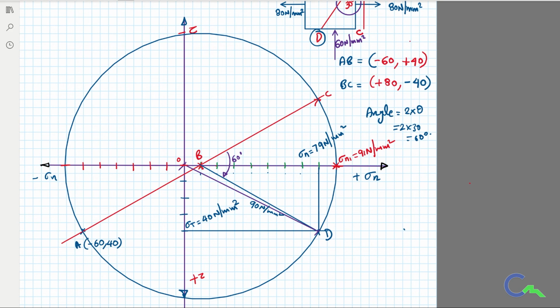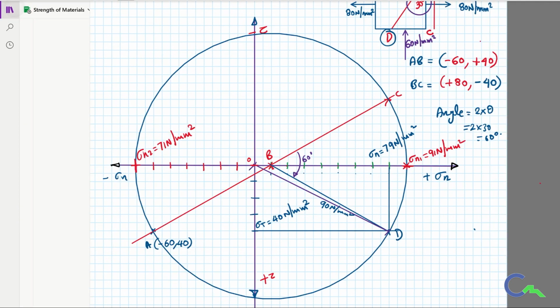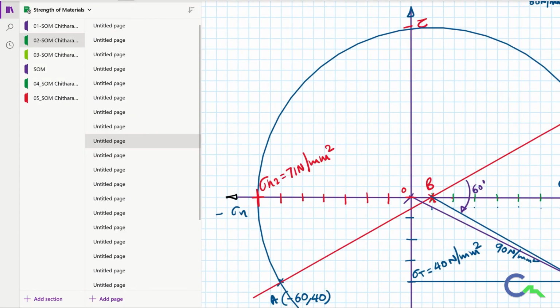Then sigma n2 will be this one. If you measure 10, 20, 30, 40, 50, 60 and 70, sigma n2 I can take around 71 Newton per millimeter square. If you go back to the analytical method, let us check whether we got the same answer.